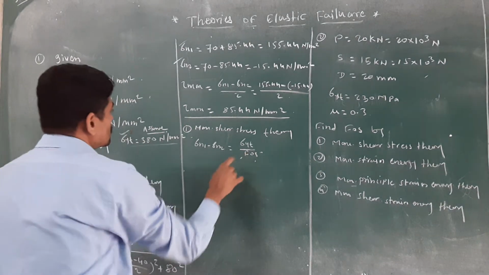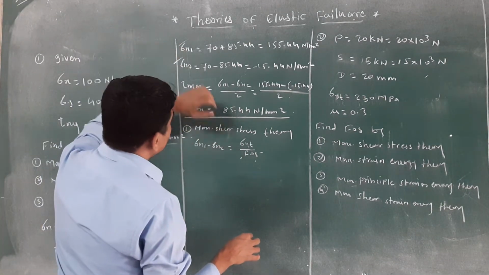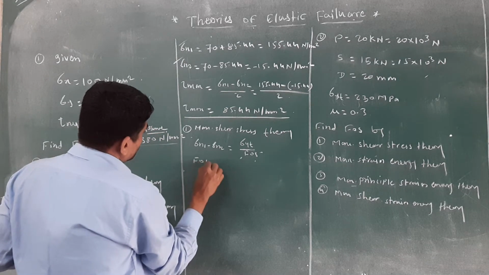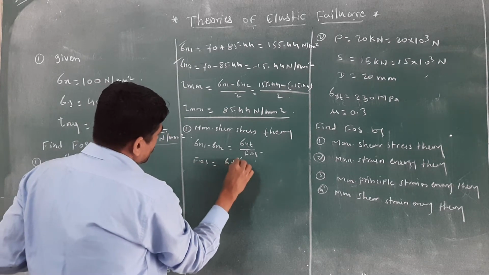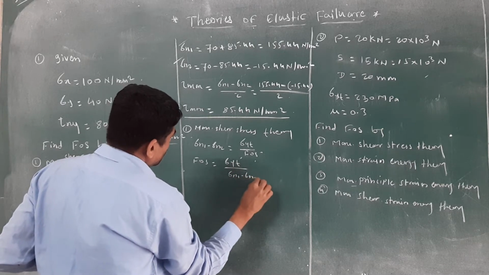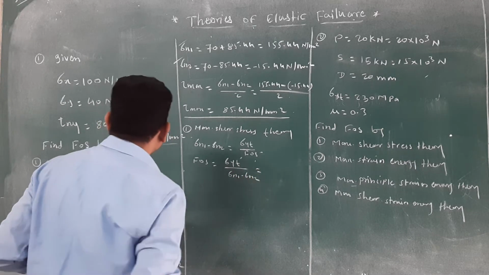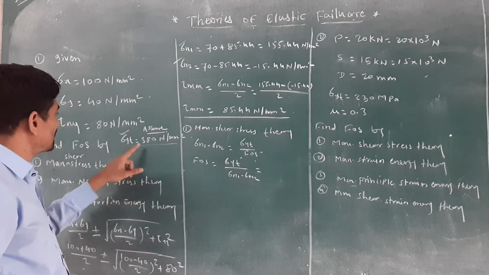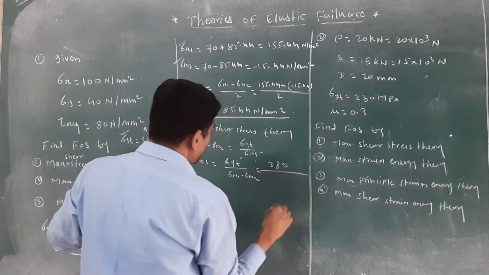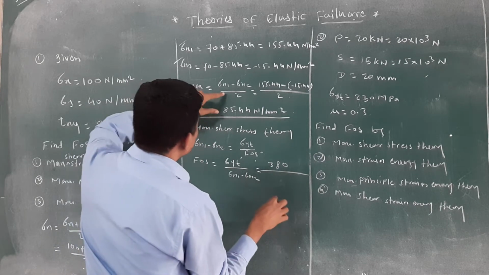Sigma n1 minus sigma n2 is equal to sigma yt divided by factor of safety. We want to calculate the factor of safety. Then you will get sigma yt divided by sigma n1 minus sigma n2. And put the value. What is the sigma yt? Yield stress is given 380. What is the value of sigma n1 minus sigma n2?